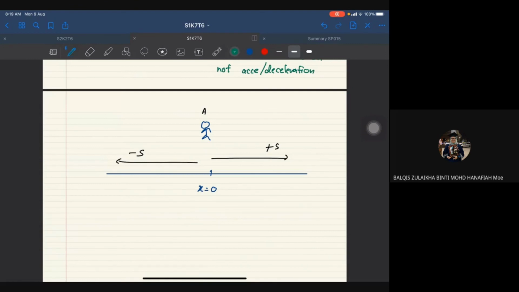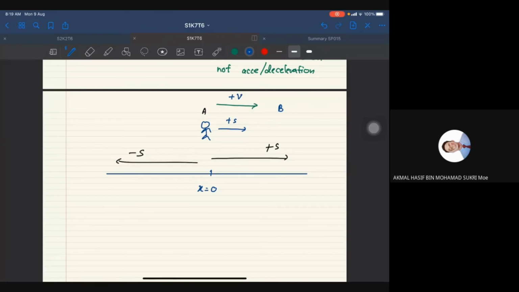Let me give you an example. Let's say this person is travelling from point A to point B. Is S positive or negative? Positive. So let's say this is our point B. S is positive. How about the velocity? Positive. Very good.